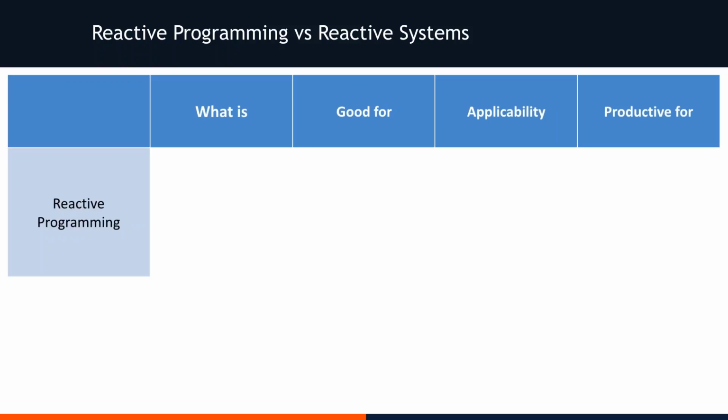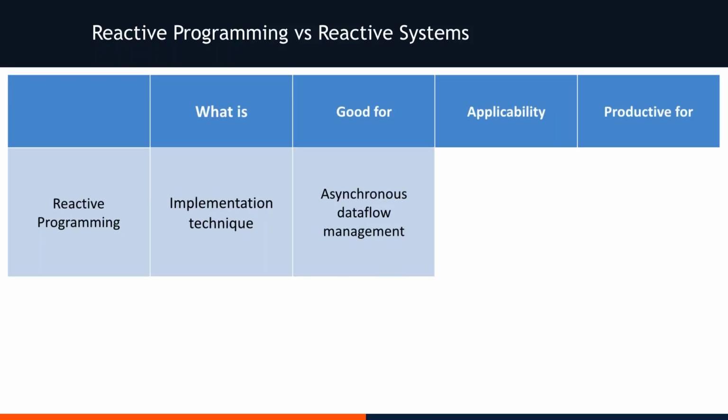Well, reactive programming, to start with, as we've seen, is an implementation technique, which is good for asynchronous data flow management. And it's mostly applicable to a single node or service. So there's some locality in here. And all in all, it's most useful for developers.